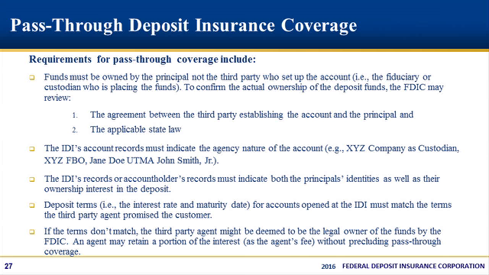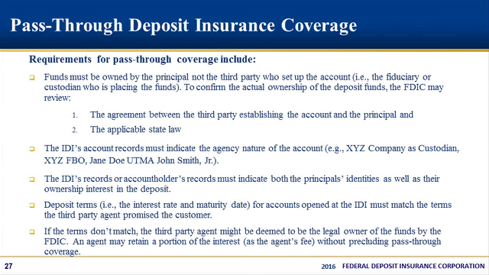For example, accounts with a title such as XYZ Company as custodian, or XYZ FBO, meaning for the benefit of others, or an account set up for a minor titled Jane Doe UTMA John Smith Jr. would all be acceptable.